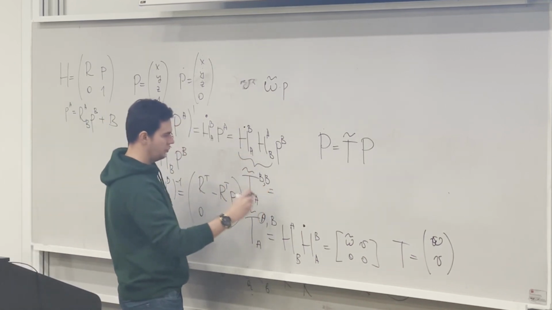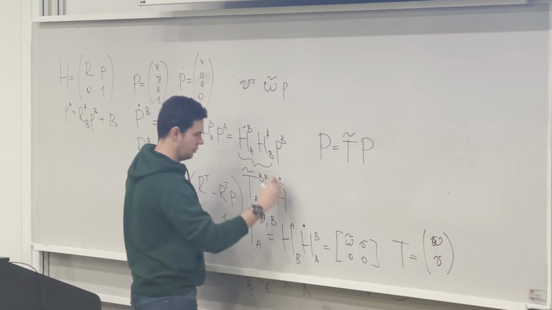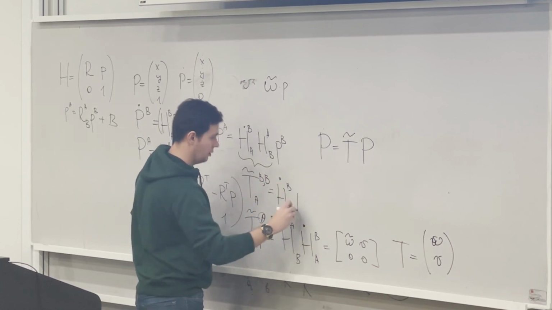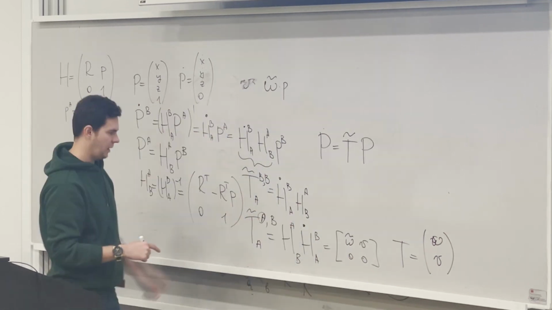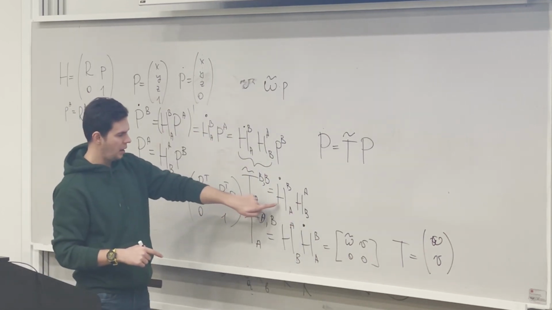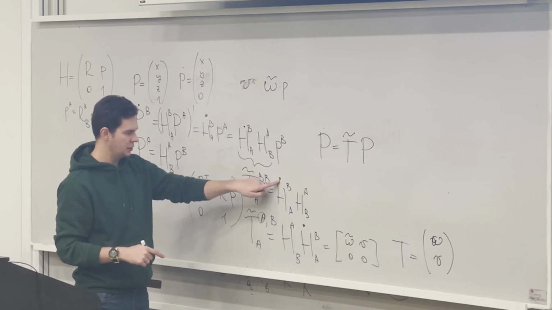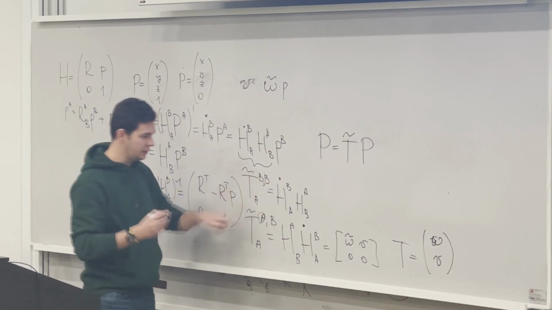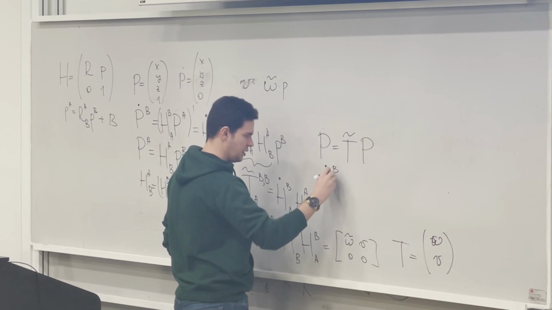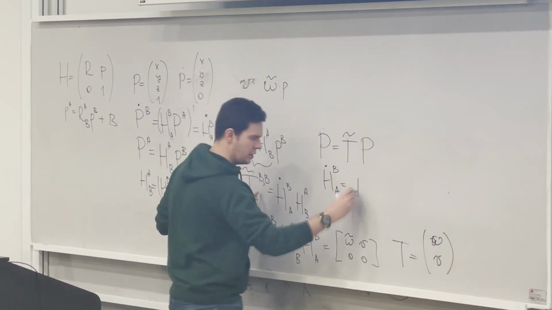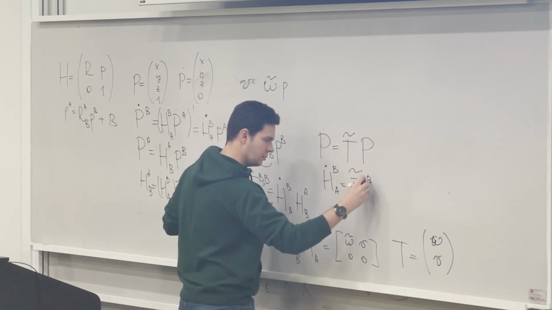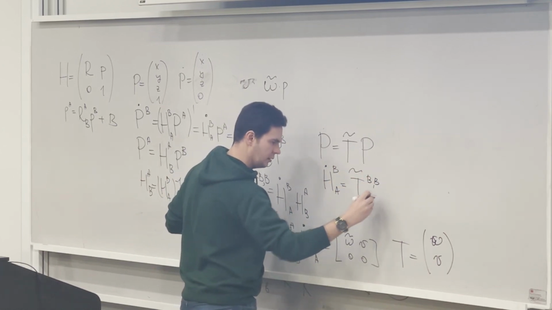This is equal to H BA, HAB. From here we can derive, for example, HAB with a dot, BA. What should I write? It will be twist BA.